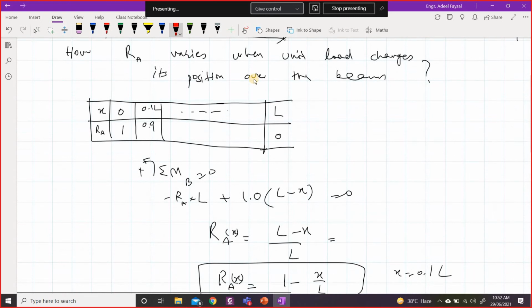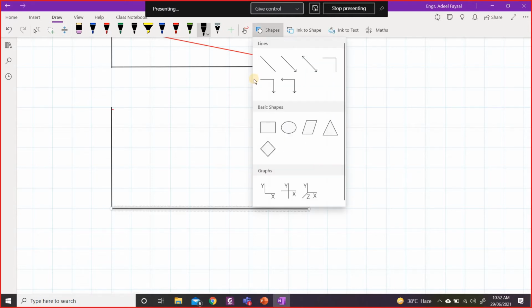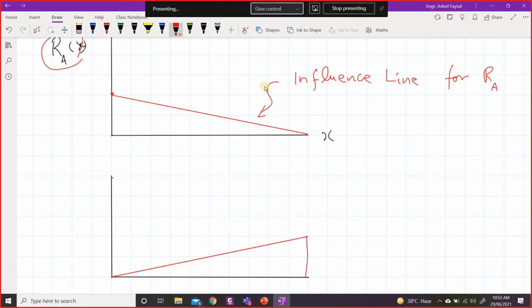Similarly, you could confirm that RB, the reaction at B, will have a shape like this. Let me also note this.